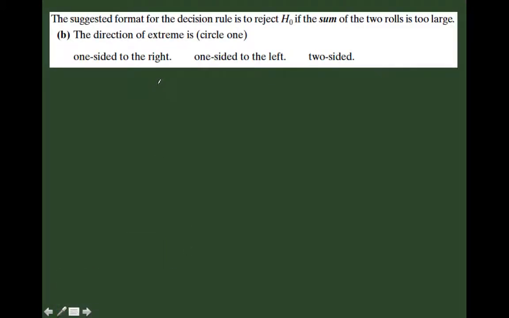Okay, so now let's think about this for a second. If the null is true, let's recall the null and alternate here. If the die is fair, we expect to roll a 7.